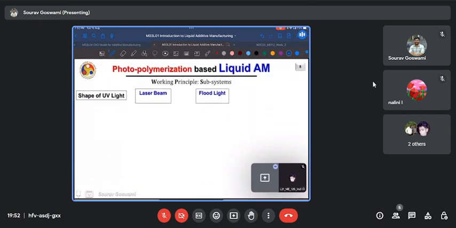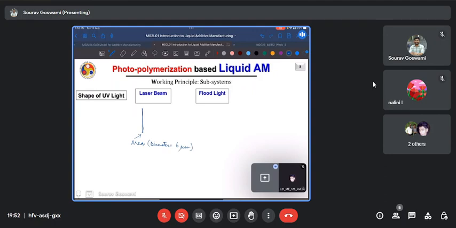The shape of UV light itself may vary, and depending on your application, you may use a laser beam, something which is very coherent and has a very small area. Say this beam spot diameter can be 6 micron or of similar order.